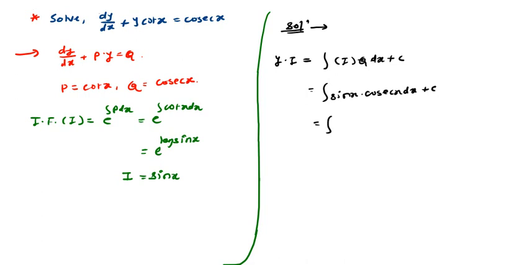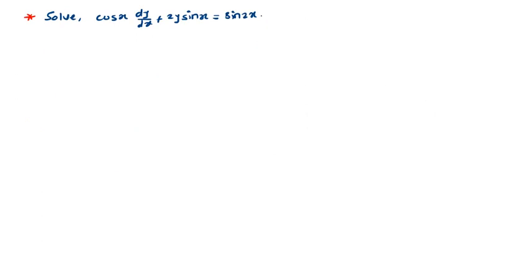So sin x into cosec x is nothing but 1 upon sin x times sin x, so sin x and sin x cancel. What remains? Only dx plus c, and integration of dx is x plus c. So finally we will get the answer as y into integrating factor sin x is equal to x plus c. Okay, and that will be our final answer.